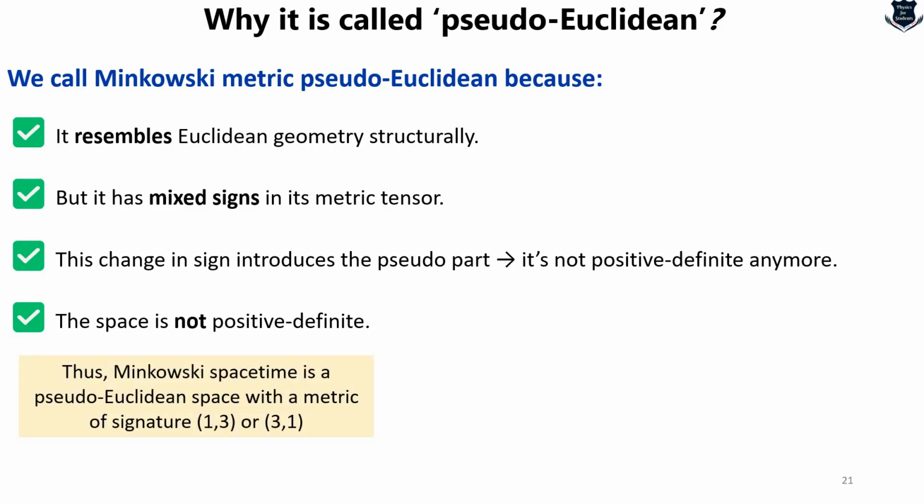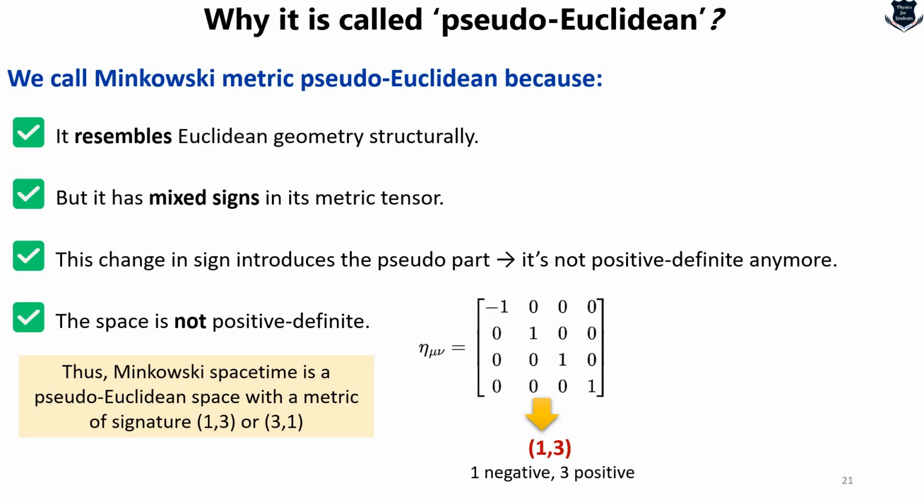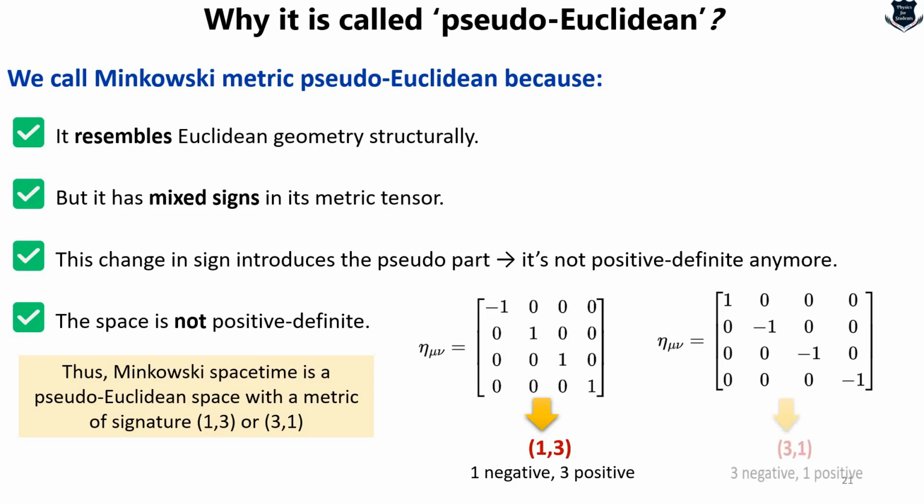So here you can see that the Minkowski metric is a pseudo-Euclidean space with a signature of 3,1 or 1,3 depending upon the convention. Here 1,3. Why? Because 1 negative and 3 positive: plus, plus, plus. And here the convention is 1 positive, 3 negative. So we call it 3,1. So all in all, what we can understand is that pseudo means it resembles, it looks almost like Euclidean space, with this type of deviation.